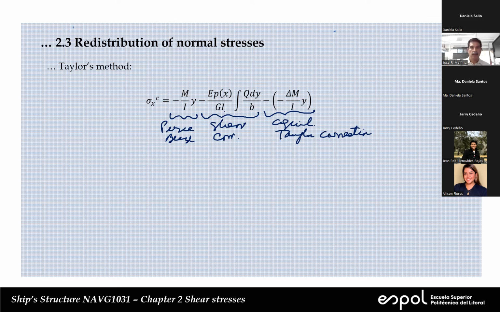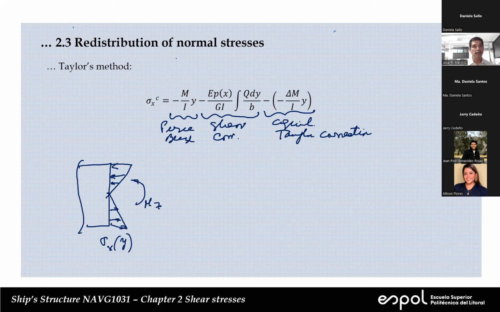Okay, so what do we have here is that if we have the first one, let's suppose I have a bending moment here. What happens is that we obtain a normal stress distribution like this one. Here I have compression, and here I have tension, and this is sigma X of Y.